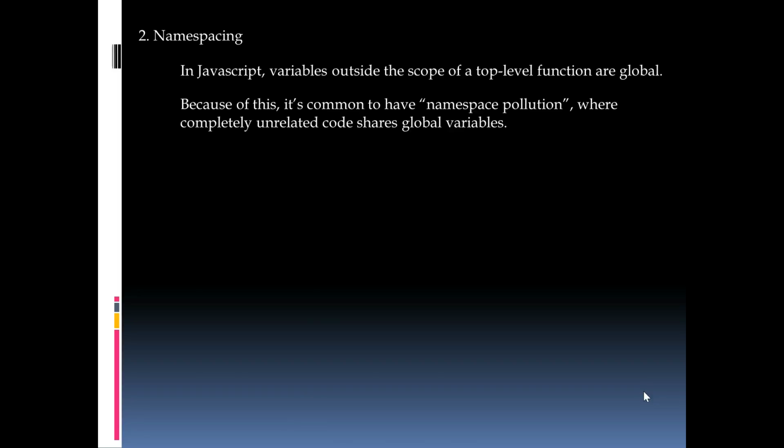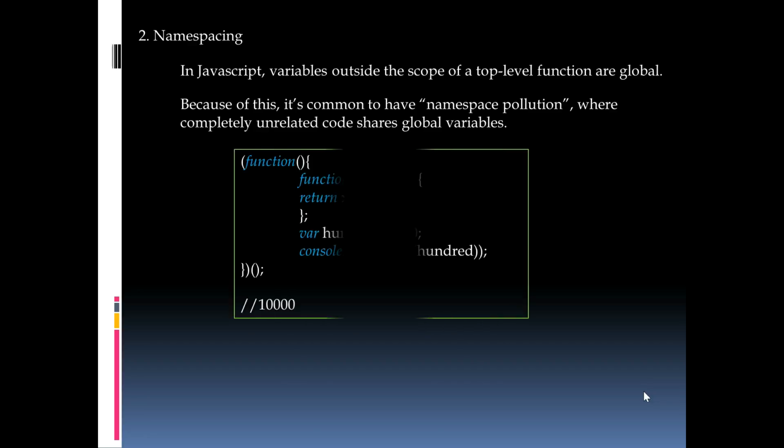So by using a module, we can use this function. As you can see, there is an enclosing parenthesis. Using this enclosure, we can hide this function from the global variables.